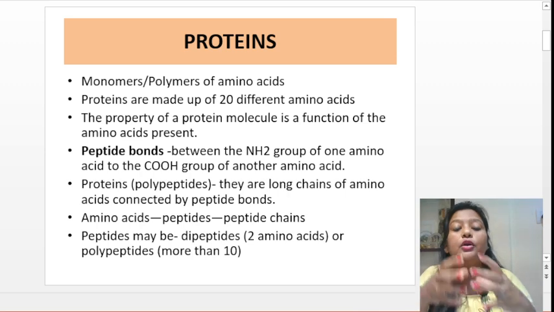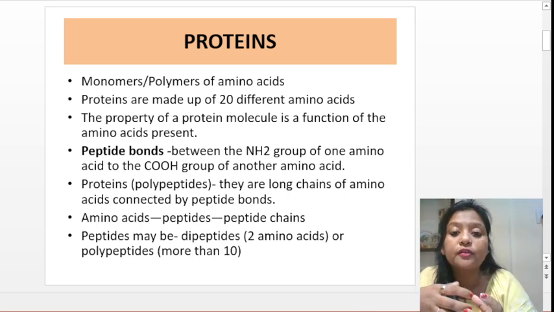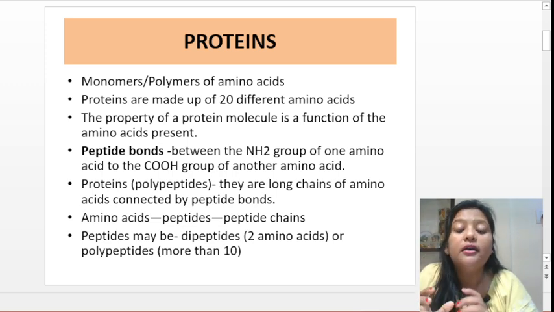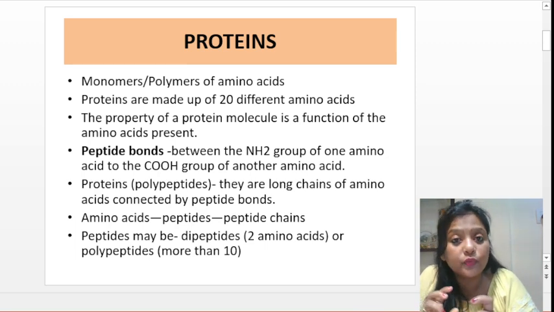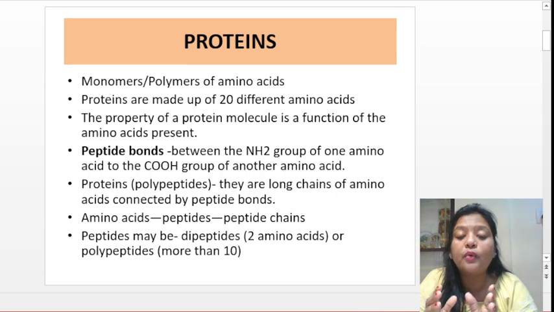When these polymers of amino acids align together, they are linked with each other with the help of a bond known as the peptide bond. How are they linked?